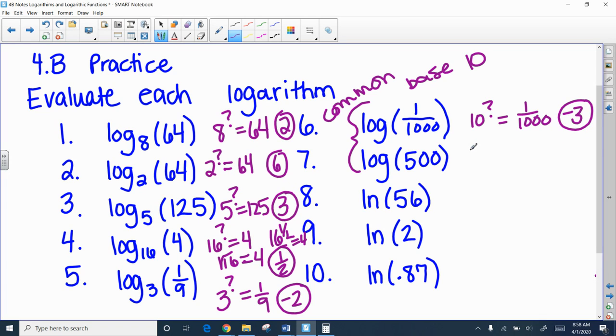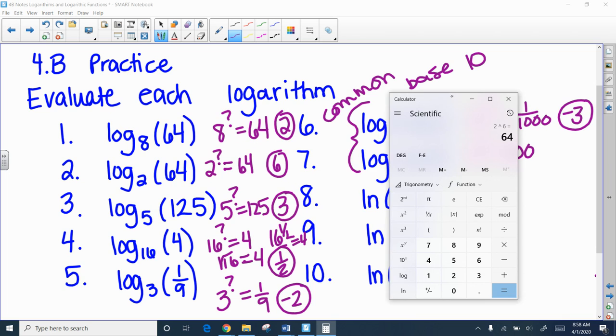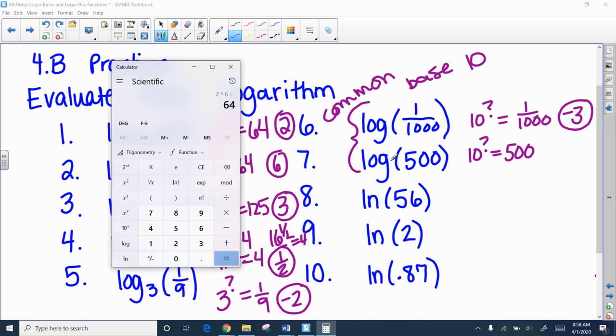Now, if I try to do number 7, I'd be trying to figure out 10 to what power equals 500. Well, there's no exact number because 10 to the second power is 100 and 10 to the third power is 1,000. So there's not an exact number, but hopefully we remember that we can do a common logarithm on a calculator.